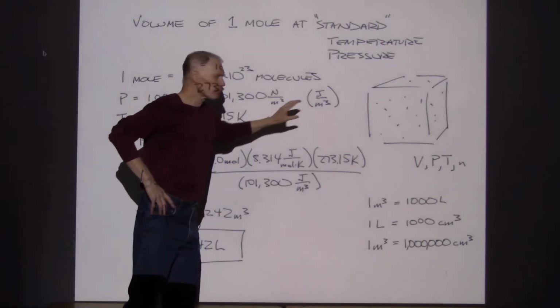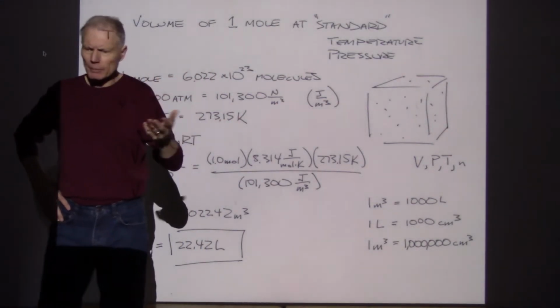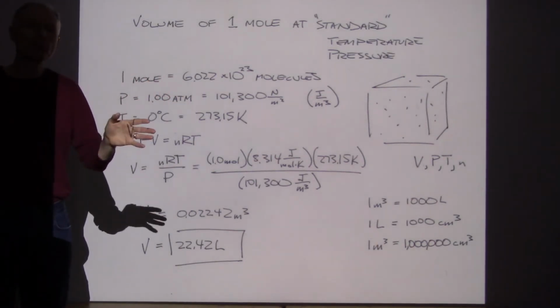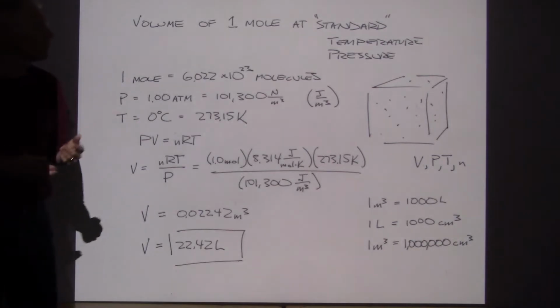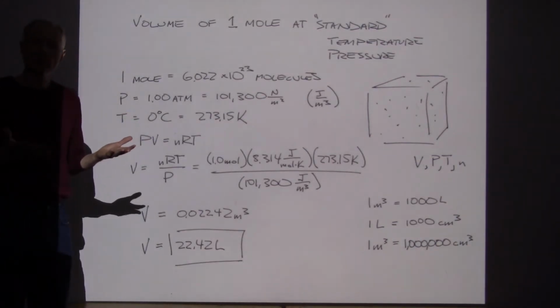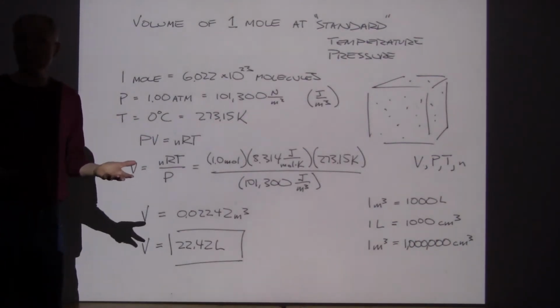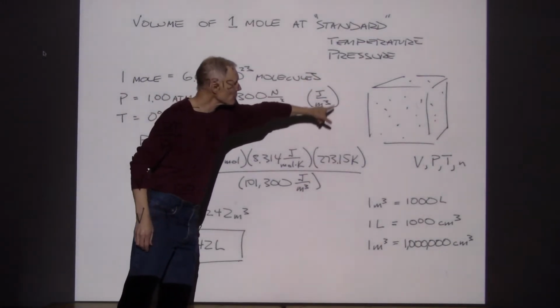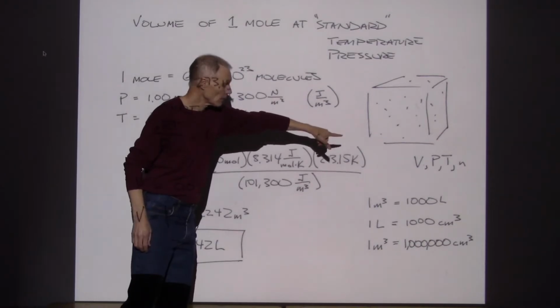I always like to keep that in mind because for many calculations, joules per cubic meter turns out to be really handy. So you can think of pressure as an energy density, and that's why joules per cubic meter works.